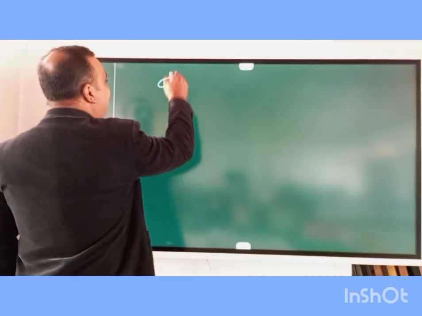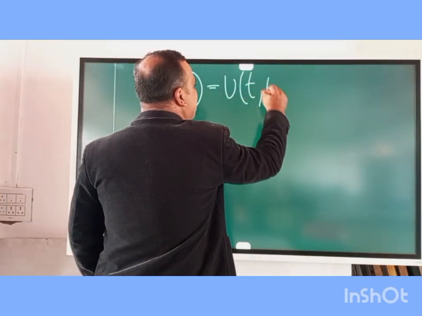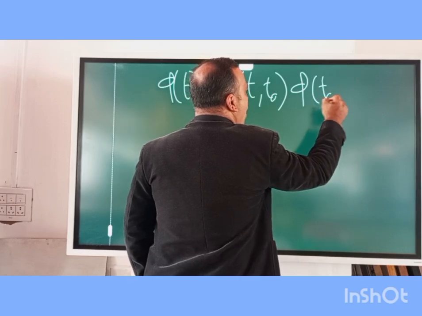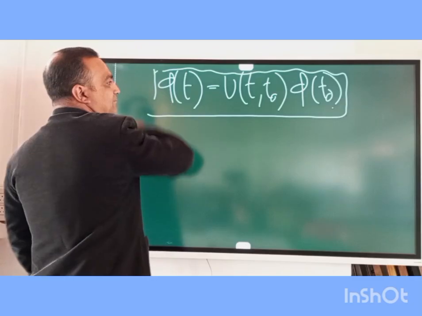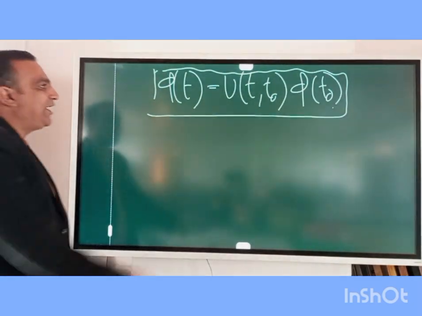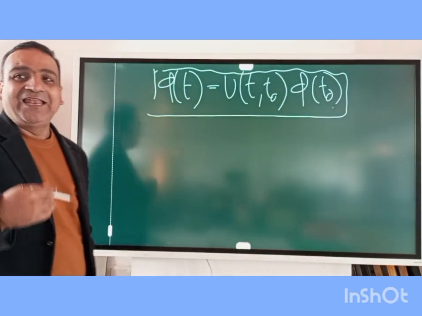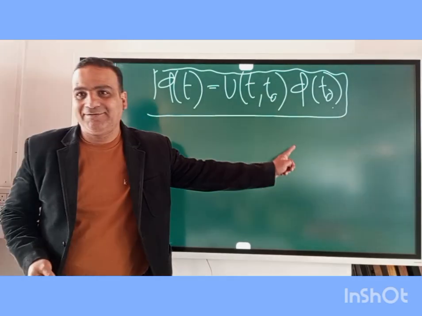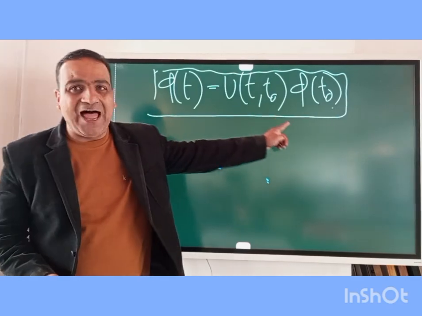We have obtained φ(t) is U(t, t₀) φ(t₀). You make an operation on the present, you will go to the future. And it allows you to operate on the future and come back to the past. The evolution operator allows you that.